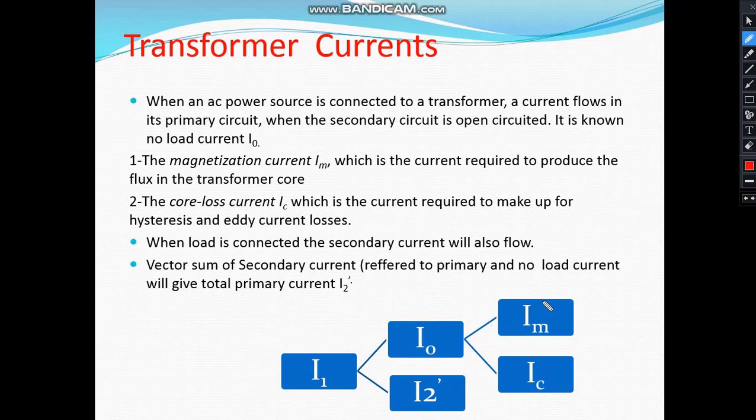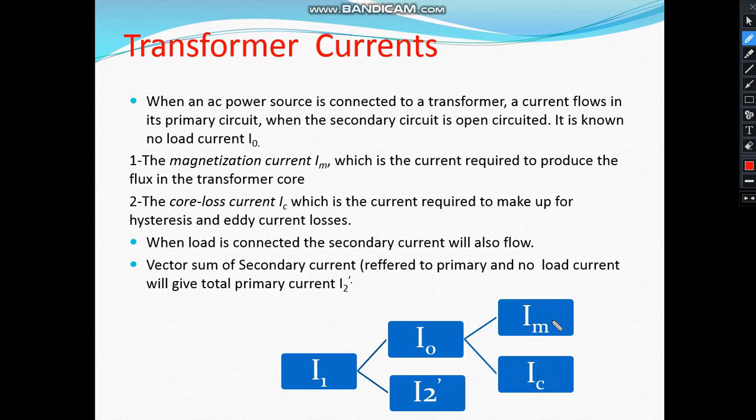One, the no load current is expended to magnetize the core. Another work of this no load current is to provide the core loss. So it has two components. One is the core loss component, the other is the magnetizing component.